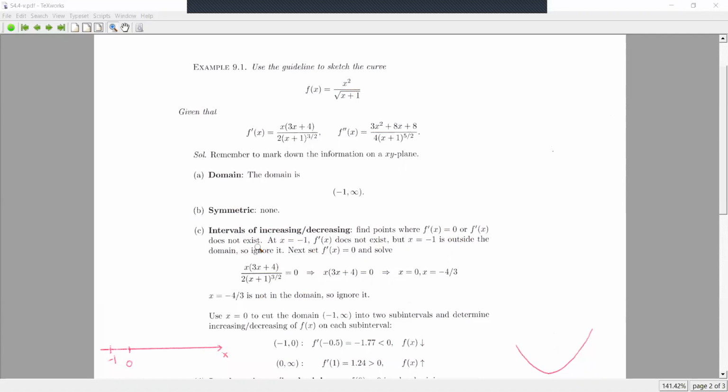Why? Because I want to use these points to cut the domain into subintervals. Okay, now let me find the points where the derivative doesn't exist first. Derivative is here.